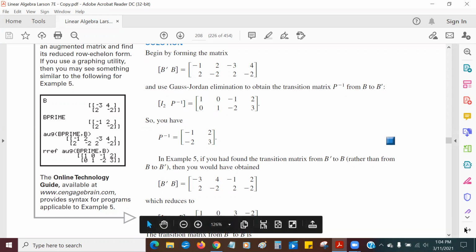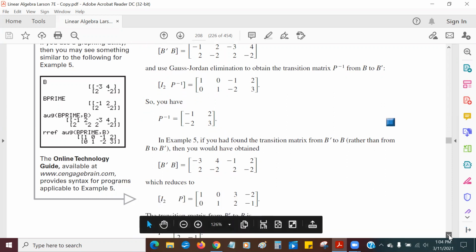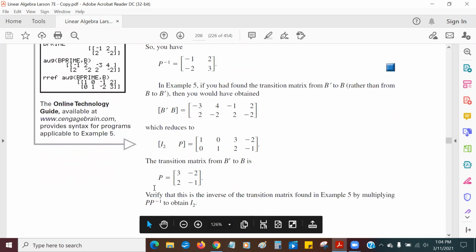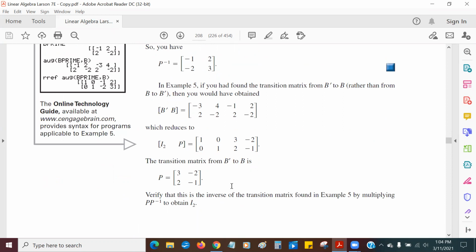Then I do my row reduction, and I get 3, -2, 2, -1, and that would be the transition from B prime to B. I'm calling that P. And to verify that it's the inverse matrix, how do you verify a matrix is an inverse? Either I could take one of these matrices and do our process to find the inverse, or I can just multiply these two matrices and see that I get the identity.